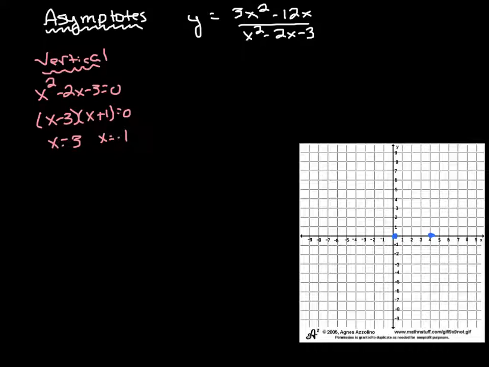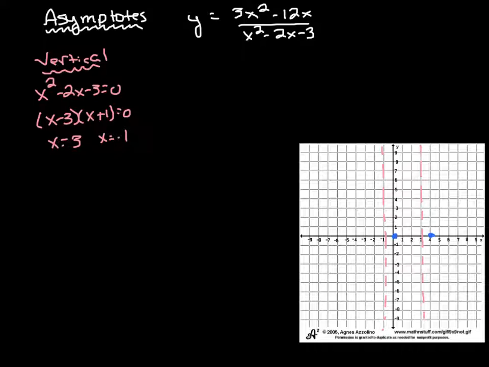So at 3, and at negative 1. Now it's not perfect, but you get the idea. Now I'm going to make them dotted just so we know that's not part of the function. They're just imaginary lines.